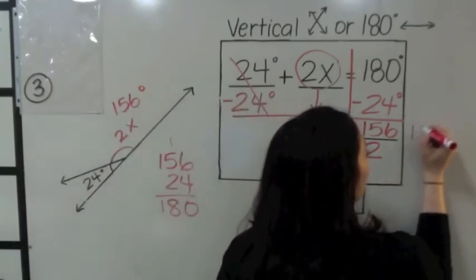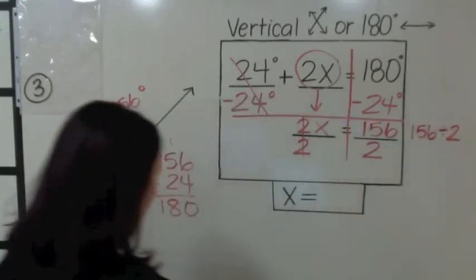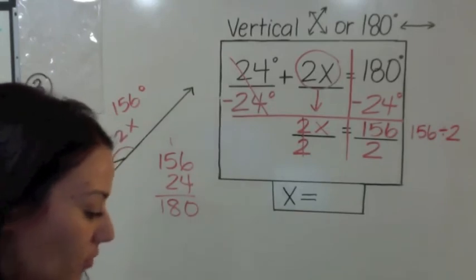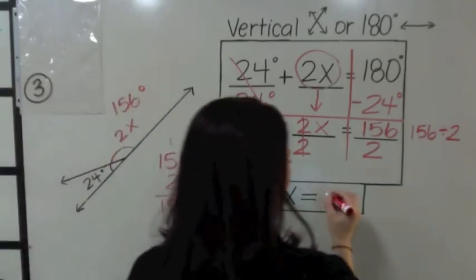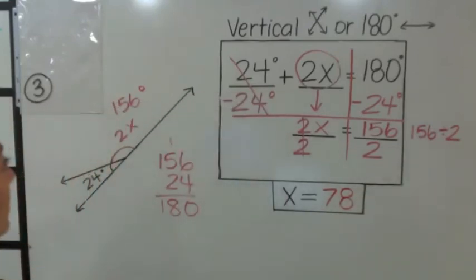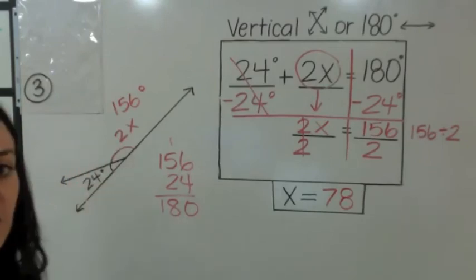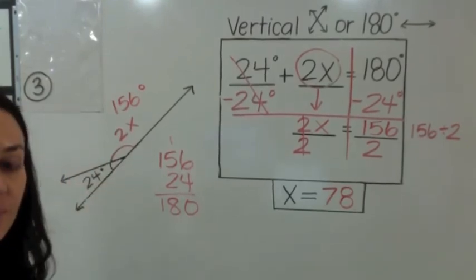What is 156 divided by 2? 156 divided by 2 is 78. Okay, so x equals 78. That basically means that 2 of 78 would give you 156. Go ahead and get that down.